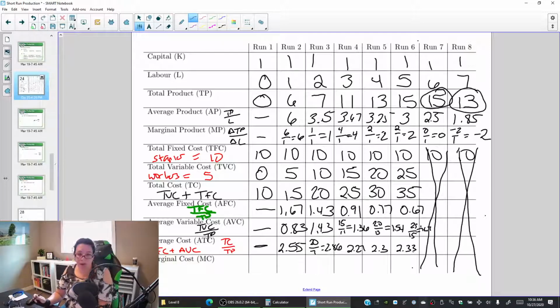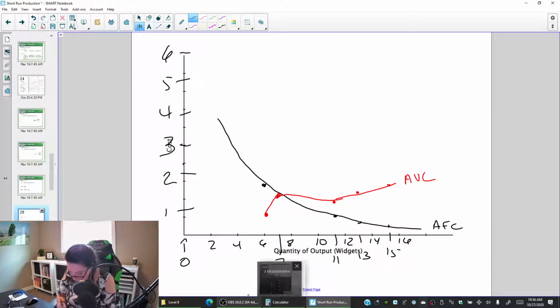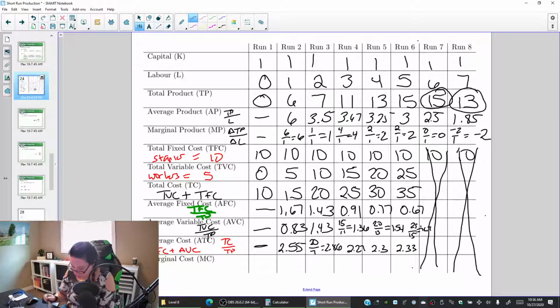All right, let's plot that information. So on that same graph we were using before, we are going to plot 2.55 and 2.86.